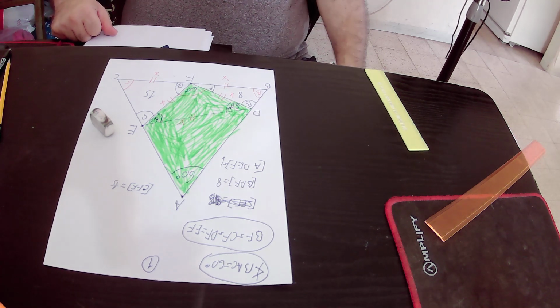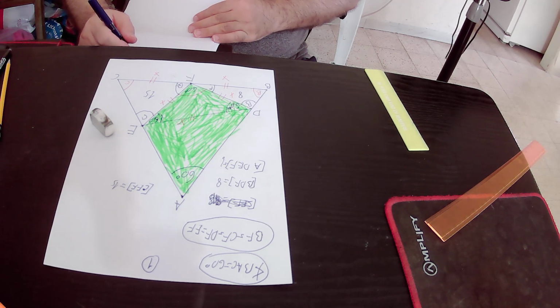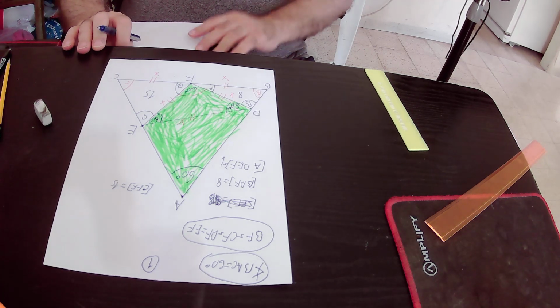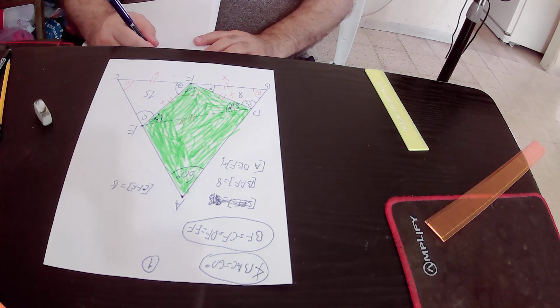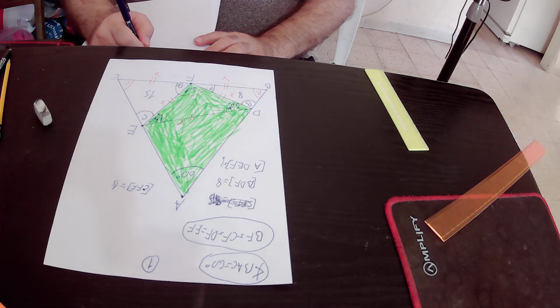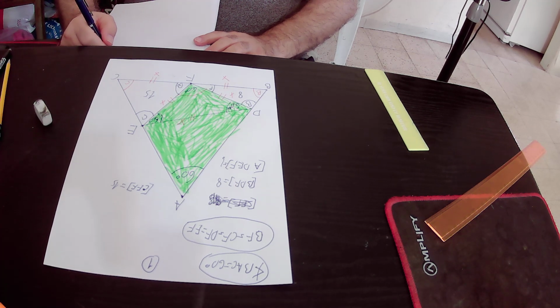Okay, according to rule number 2, which states that the sum of the angles on a straight line is equal to 180 degrees, we can write down that angle C plus 60 degrees plus angle AED must be equal to 180 degrees according to rule number 2.